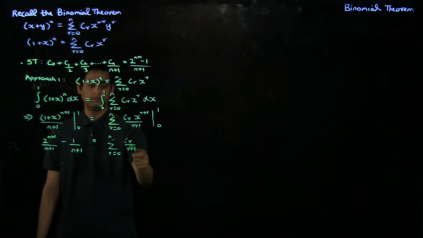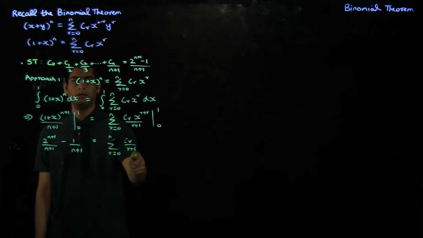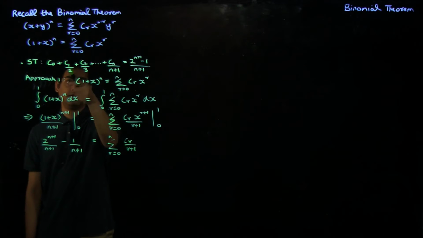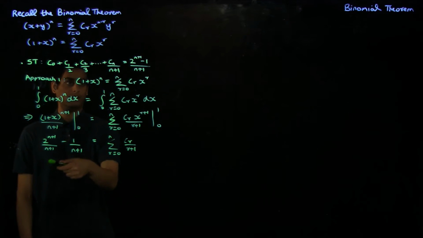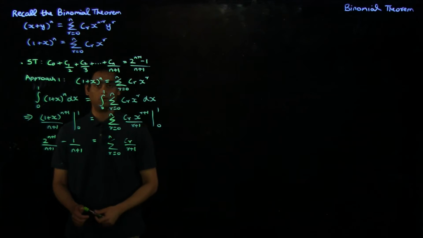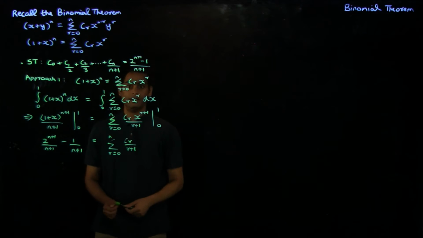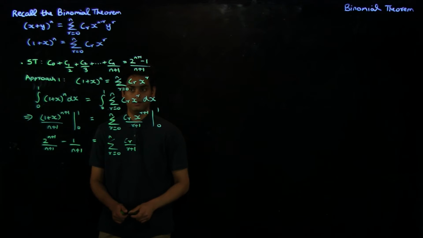Notice that the summation of C_r/(r+1) is exactly the left hand side of the identity which we want to show, and (2^(n+1) - 1)/(n+1) is exactly the right hand side of what we want to show. So we've shown the identity to be true using the integration technique.